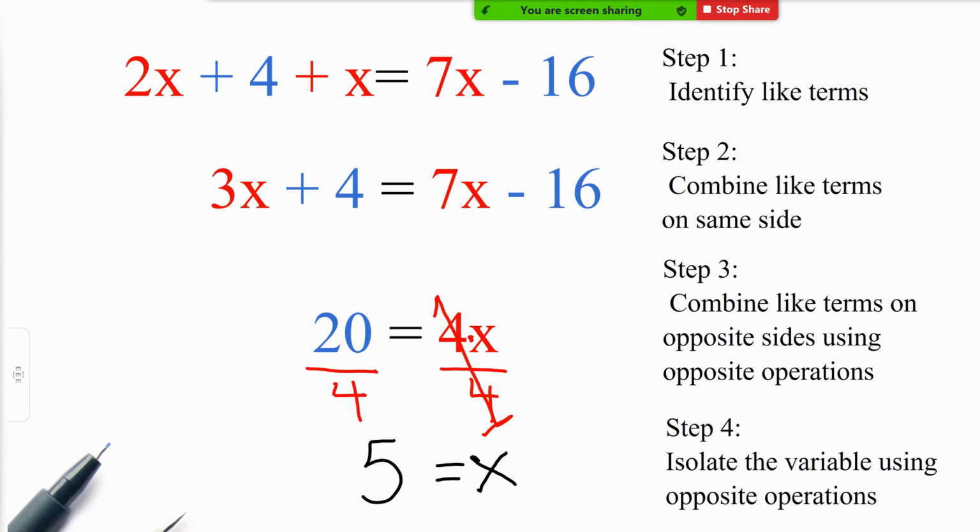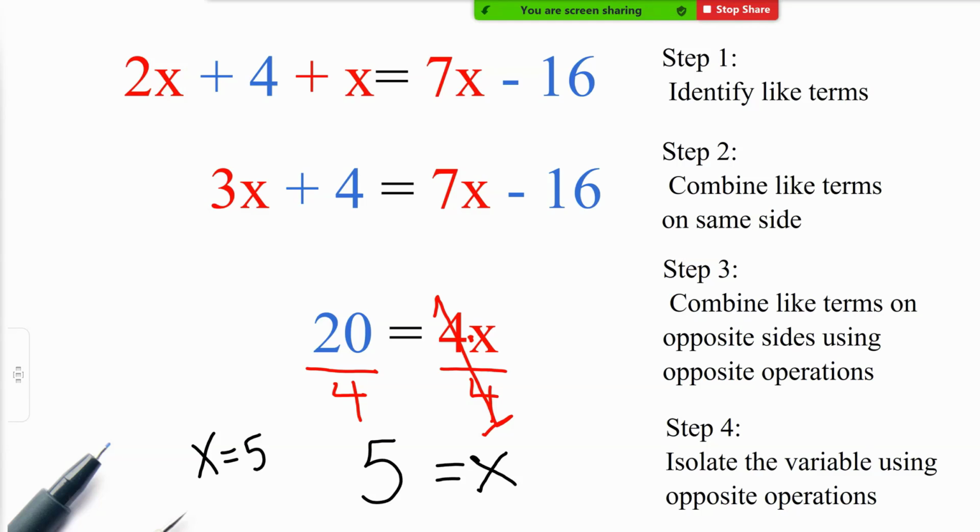Now, many students don't like 5 equals x. That looks backwards to many of us. So once again, the commutative property of equality says you can just rewrite that. And we could say x equals 5. We can just rewrite it. Okay? And that order makes us feel better because x is 5.